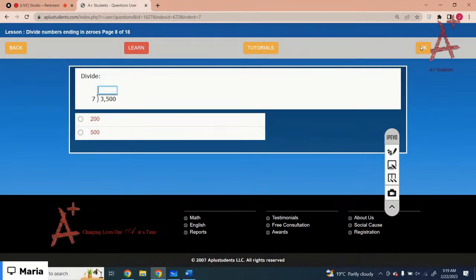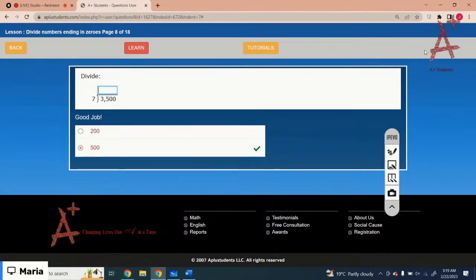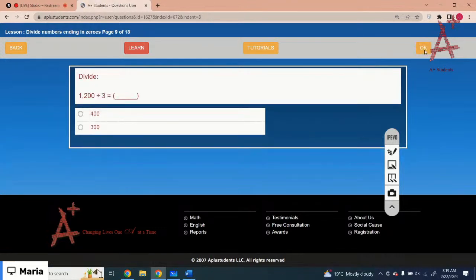Got it? And you have to add 2 zeros. So yes, very good. The correct option is 500. It is 500, not 200.